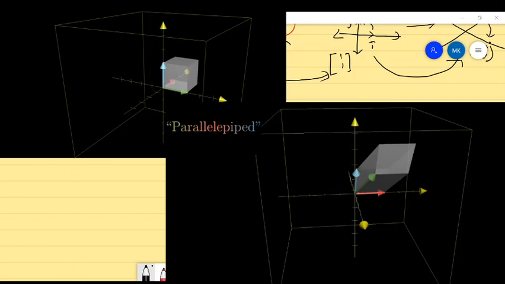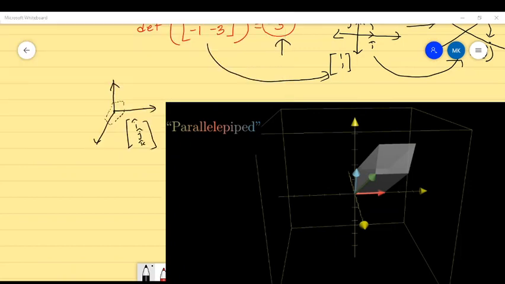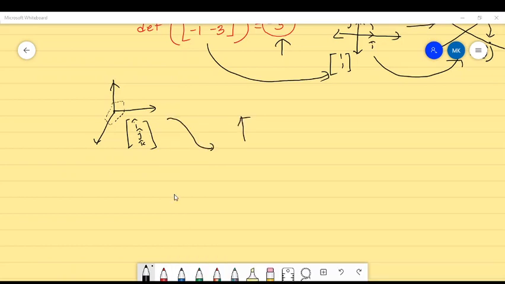So the negative determinant and the zero determinant work the same as the idea of the 2D conventions.